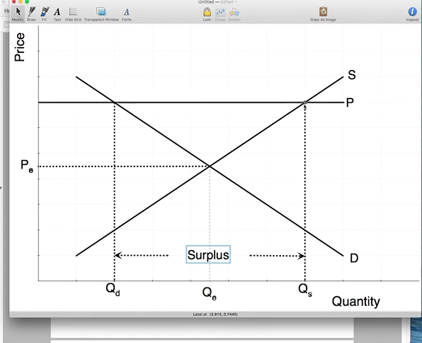So with the price above the equilibrium price, we end up with quantity supplied being greater than quantity demanded. If we subtract quantity demanded away from quantity supplied, that gives us the surplus in the marketplace.